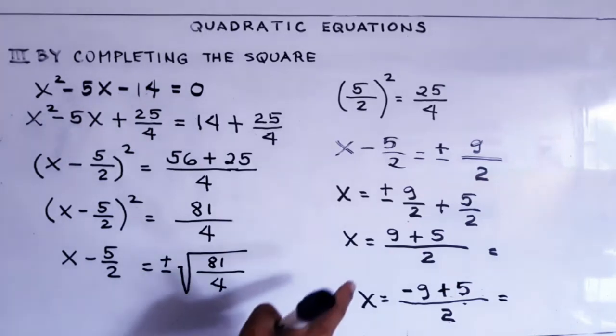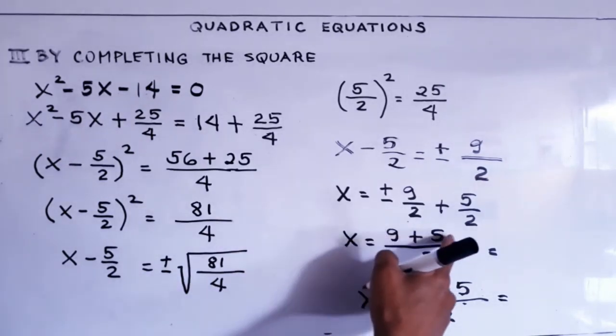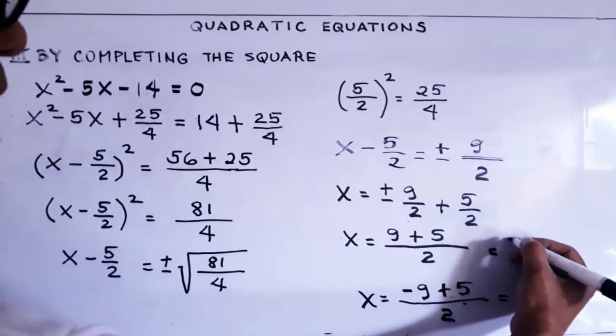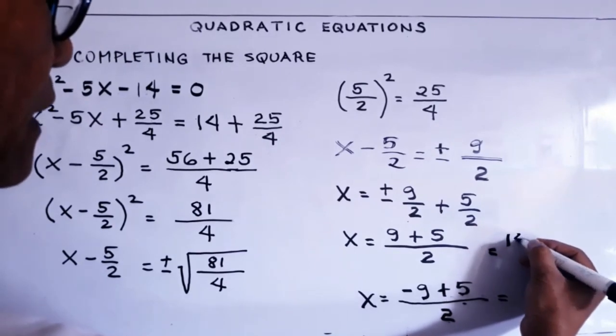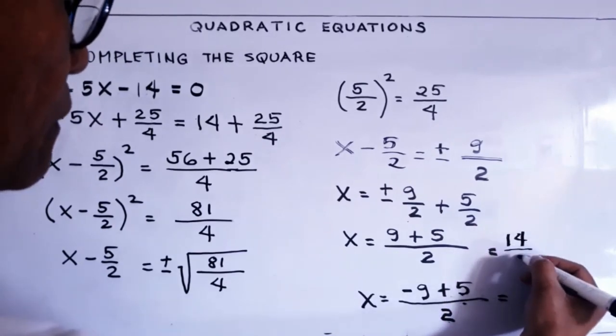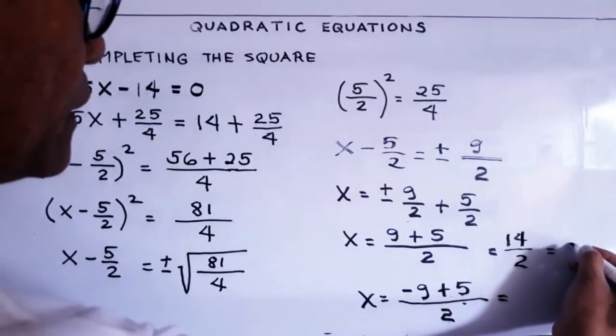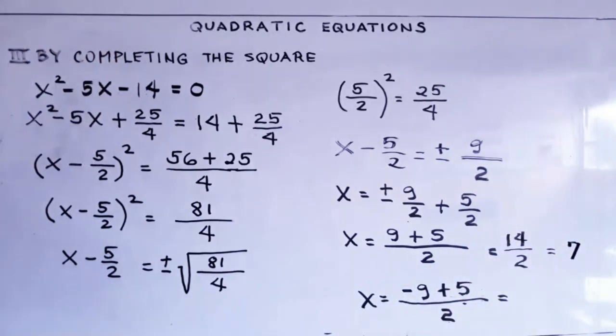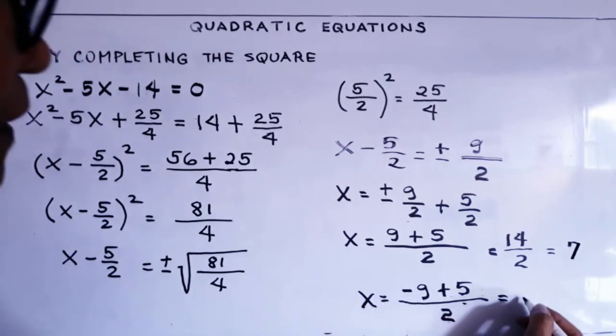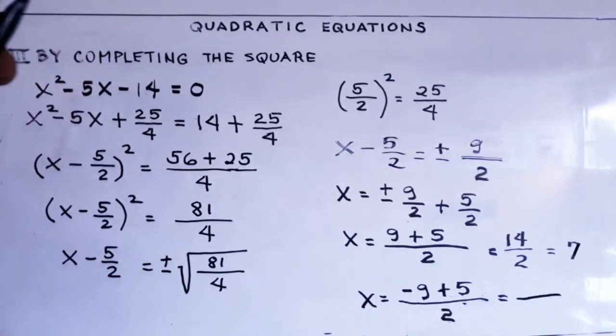So here we just add 9 plus 5. If you want, just write again 14 over 2, and then 14 over 2 is 7. For this one, okay, you don't want the shortcut.